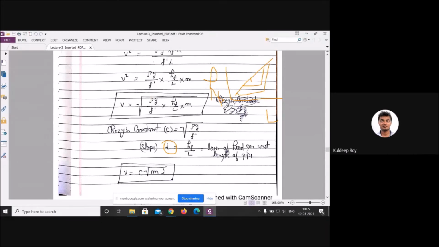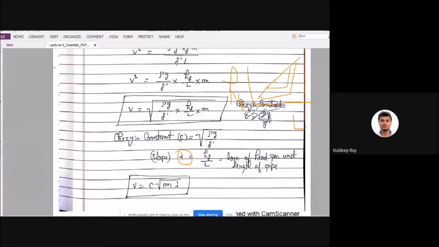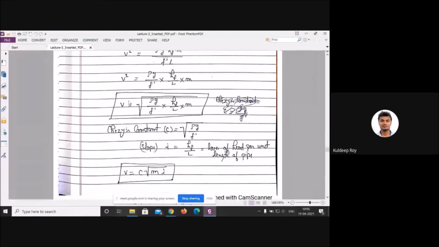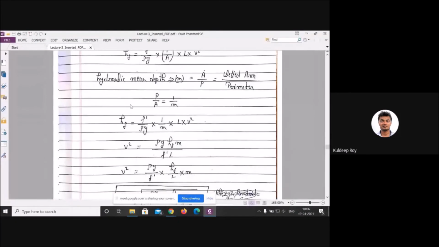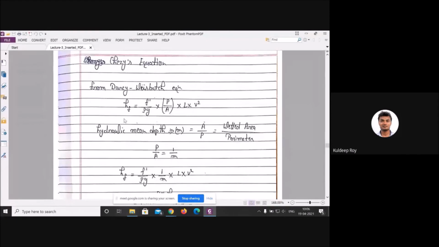Then the formula is compressed into C root MI, because in the Chezy equation he defined that loss in terms of the hydraulic mean depth.